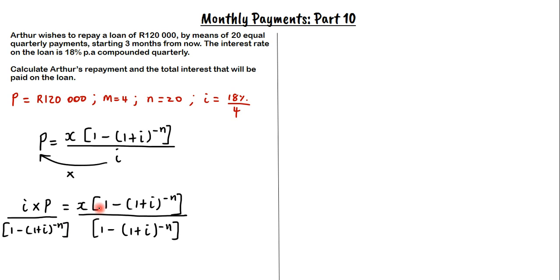This cancels with that, and I'm left with x, which I equate to i times P over 1 minus (1 plus i) to the power of minus n.